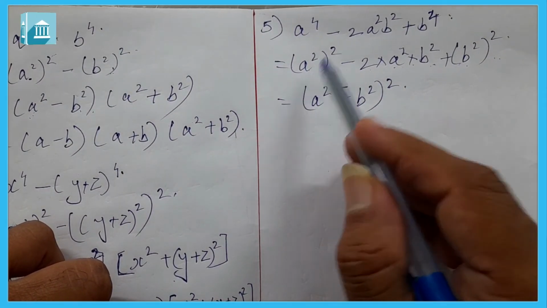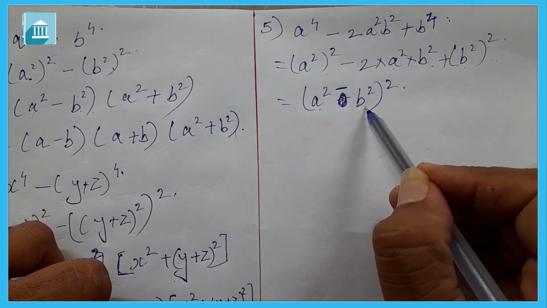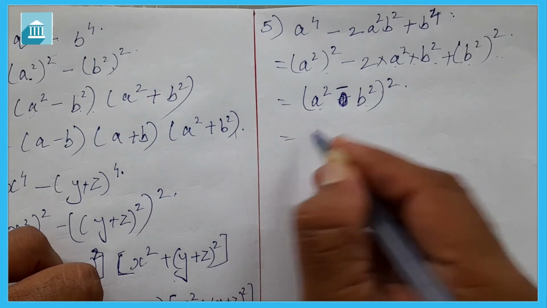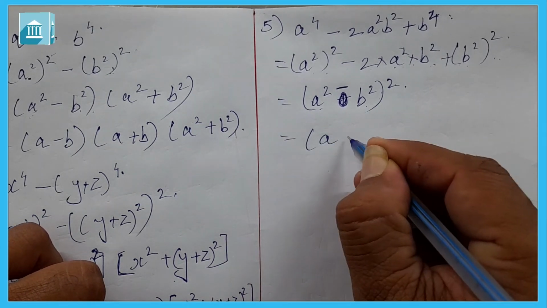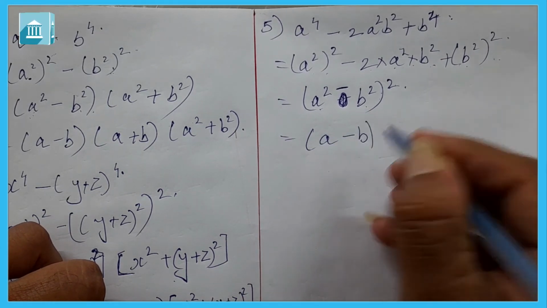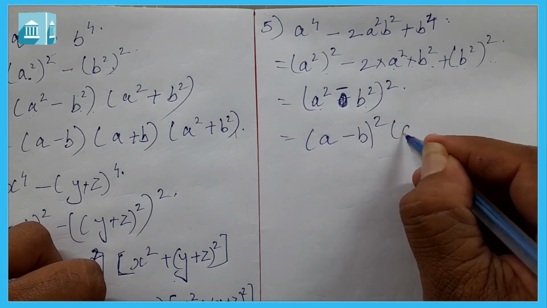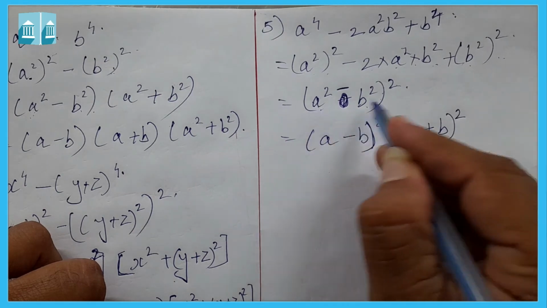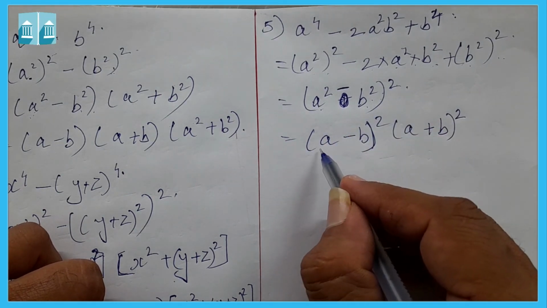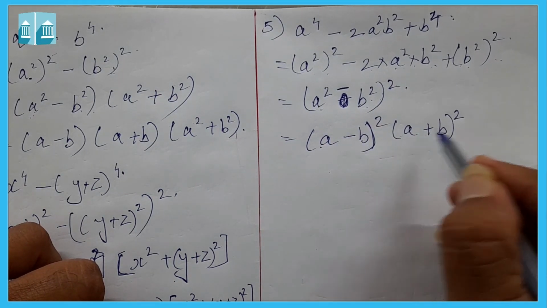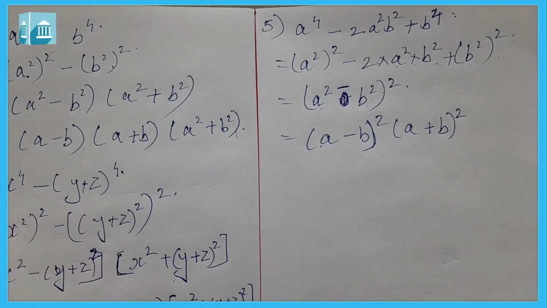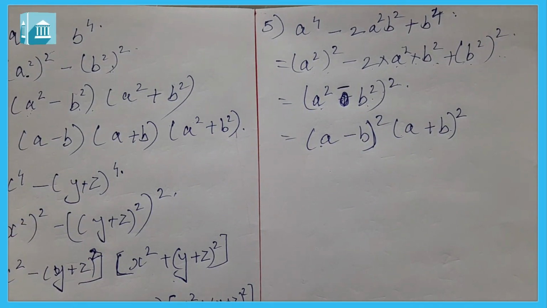So here our a is a square and b is b square. Now a square minus b square can be written as (a minus b) into (a plus b). Here it is square, so (a minus b) whole square into (a plus b) whole square.